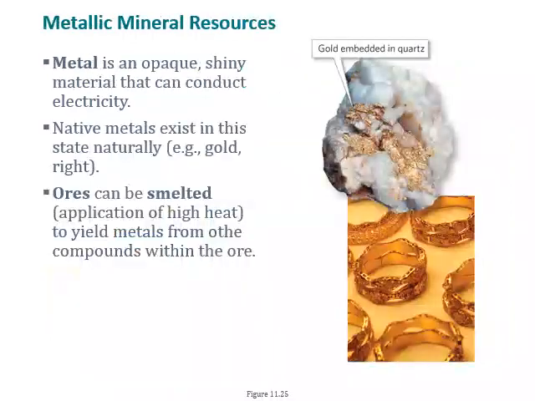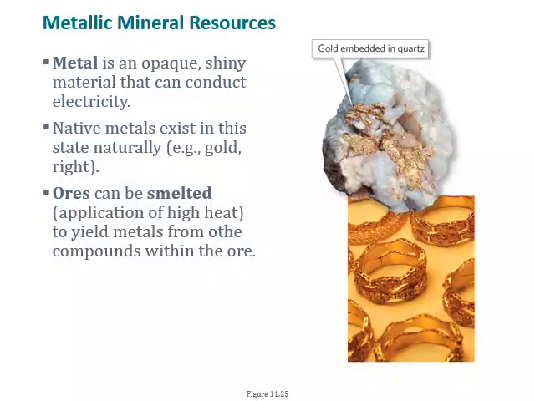Next, we'll talk about rock and mineral resources, which include metal resources. Metal is an opaque, shiny material that can conduct electricity. Native metals exist in nature by themselves, for example, gold.